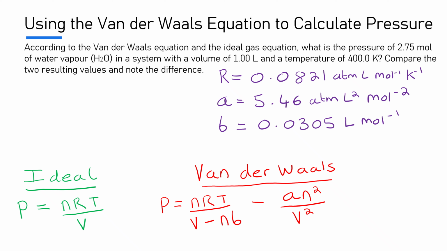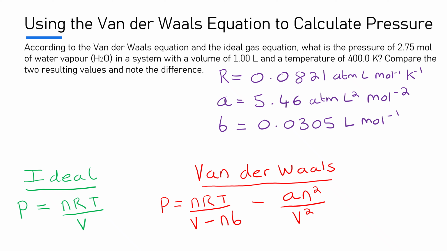Okay, we also need the value for the ideal gas constant, which to three significant figures with unit combination 2 is 0.0821 atmospheres litres per mole per Kelvin. We also need the established constant A and the established constant B for water vapour. Just a quick reminder, these values are usually either directly quoted in the question or they are within a table of values, which will also include the established constants for other gases, provided to you for the test or exam.